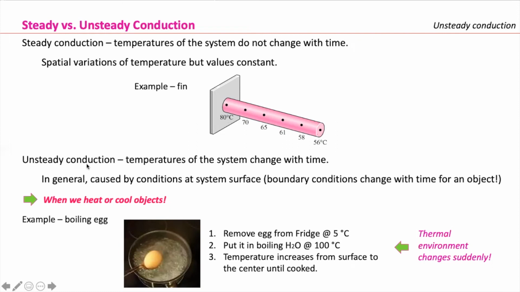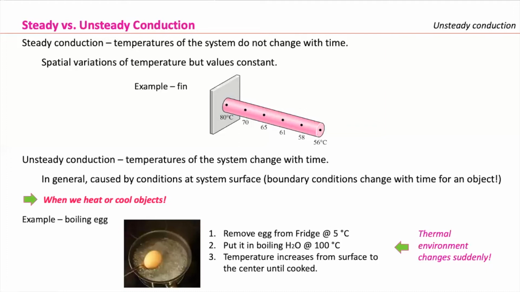Whereas in unsteady conduction, the temperatures of the system change with time. And this is generally caused because we change the surface conditions. The boundary conditions change with time for that particular object. A pretty simple example is when we heat or cool objects. For example, when we boil an egg, right? We take out the egg from the fridge at 5 Celsius and we put it in boiling water at 100, right?